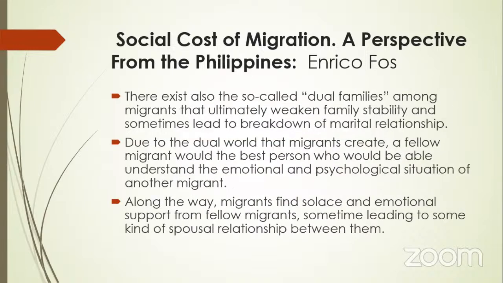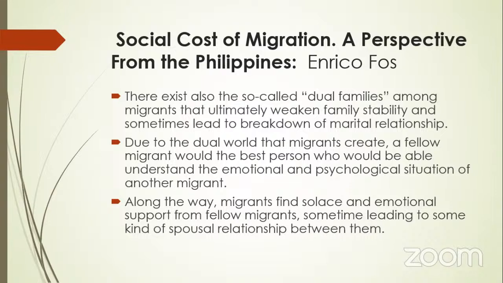There exists something called dual families, and inevitably, remember, when single males or single women are away for long periods of time, it leads to breakdown. In the dual world, a fellow migrant would be the best person to understand. There is an emotional or psychological situation. Migrants find solace, emotional support, leading to a kind of spousal relationship between them. So all this is another outcome.